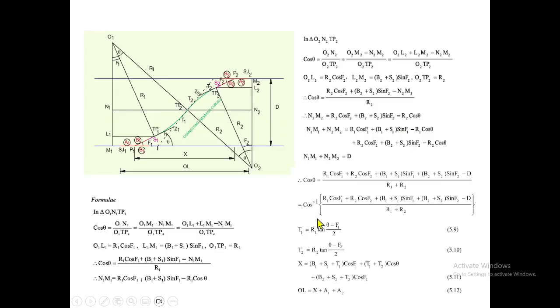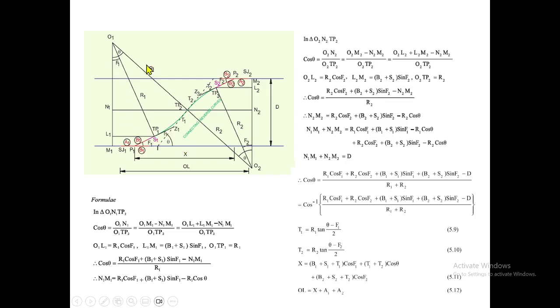So how to go about, how to solve this one? This is a detailed drawing you can study. Again, for convenience of trigonometry, we are making some triangles in all possible ways and trying to find out this theta. Once we know theta, we will be able to get the deflection angle here.